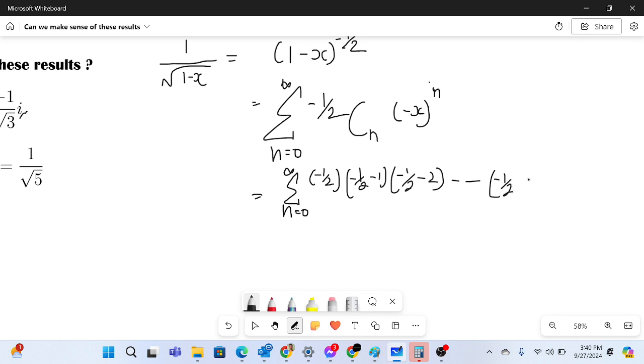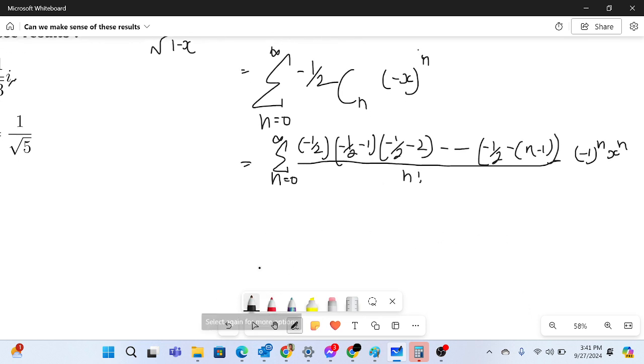So there are basically n expressions divided by n factorial, and then this is times (minus x) to the power n, x to the power n, right? Okay, so now since there are n expressions, there will be n negative ones coming out from the brackets.